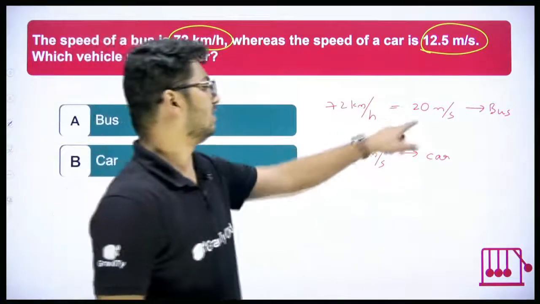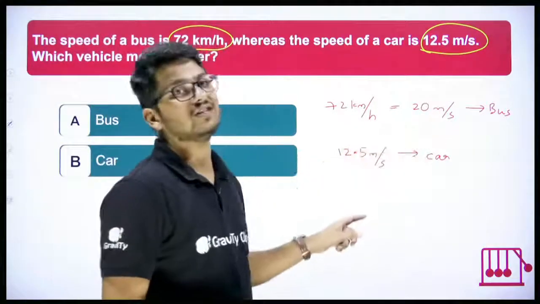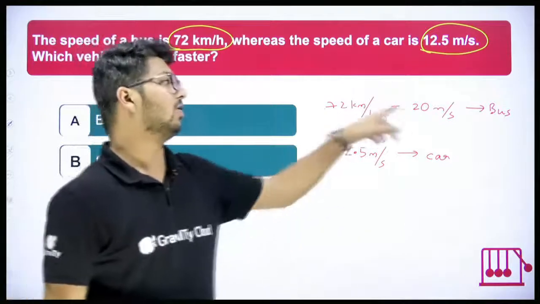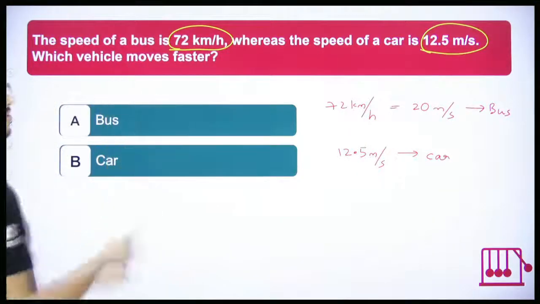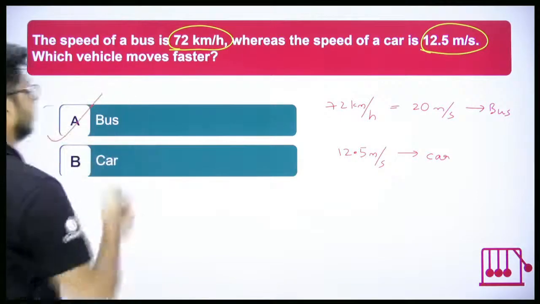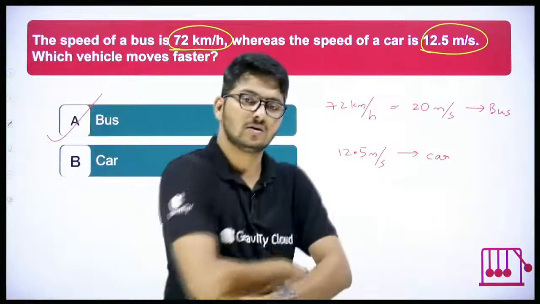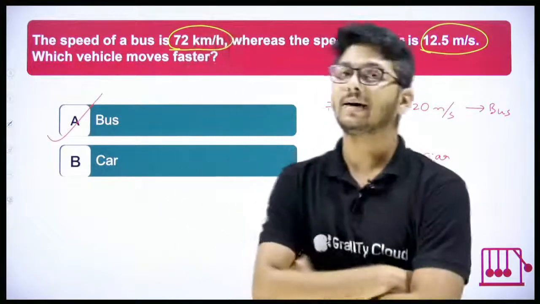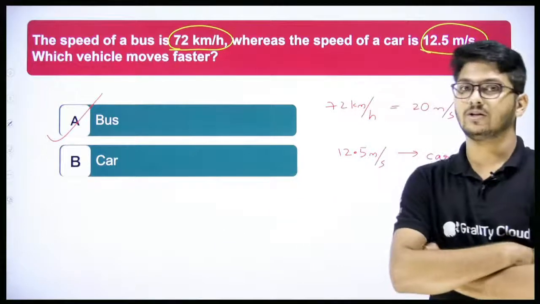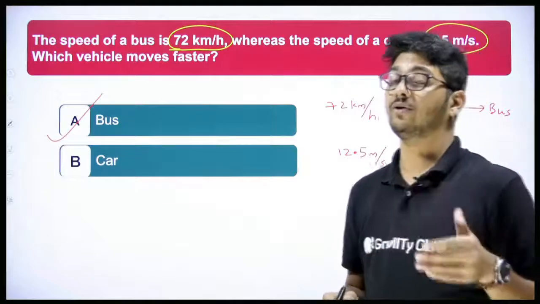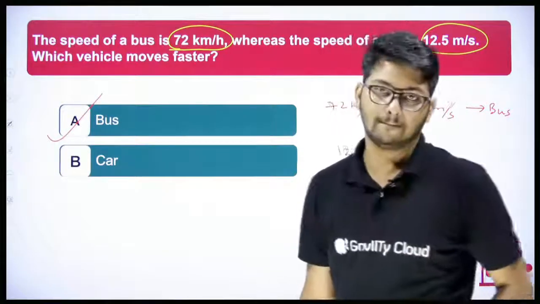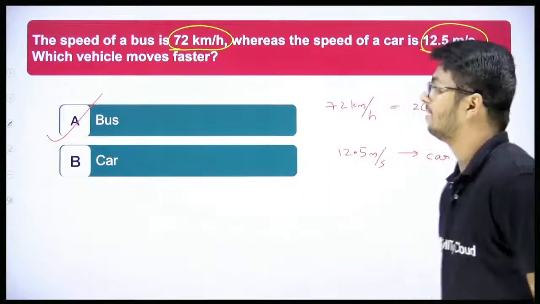So you see these are in the same units. So you can compare them. 20 is greater than 12.5. So which is moving faster? The bus is moving faster. So to compare two speeds, their units should be equal. Clear? Wonderful. Good.